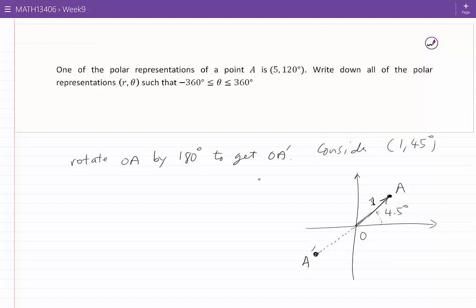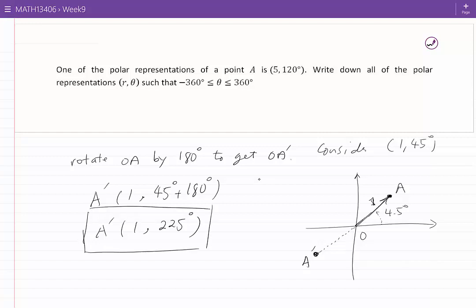If we think of OA prime in this way, then the coordinates of A prime would be 1, which would be the distance of A prime from the center, and 45 degrees plus 180 degrees, which is 225 degrees. So one way to represent A prime is 1 and 225 degrees.